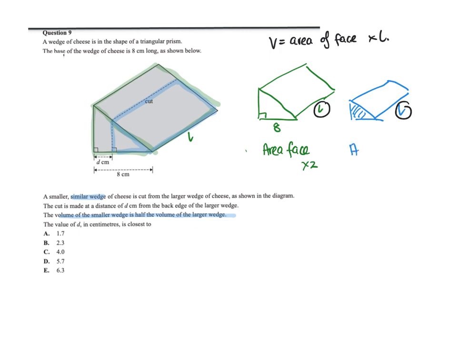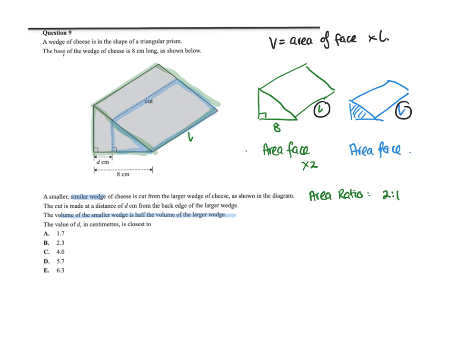So even though they said volume, because they're the same length, you're actually being given an area ratio for the similar things. So we're comparing just the face, and we know that the area ratio is actually just 2 to 1, because that's the thing that changed.